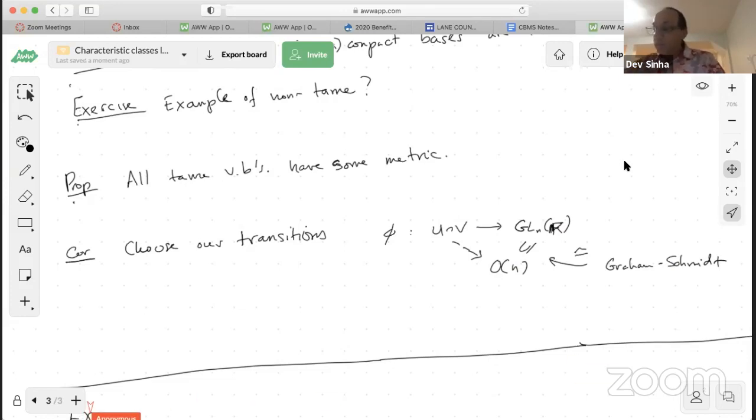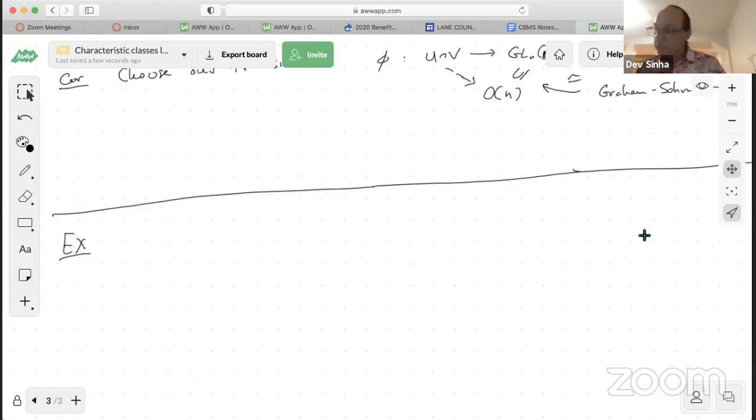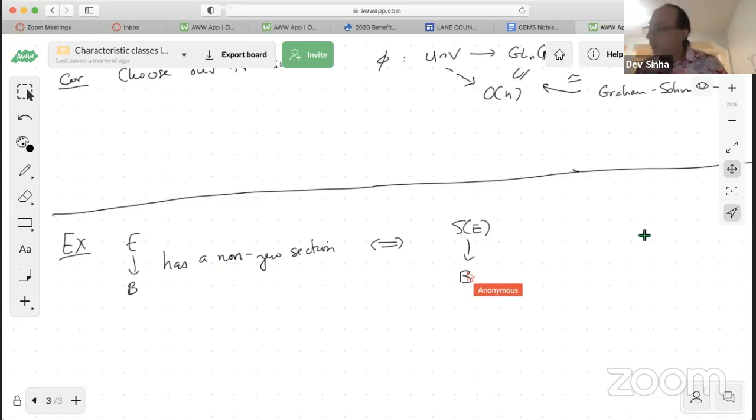Well, first one, just to warm up, here's a fact: E over B has a non-zero section if and only if the sphere bundle, again for any choice of metric, has a section, just a section.